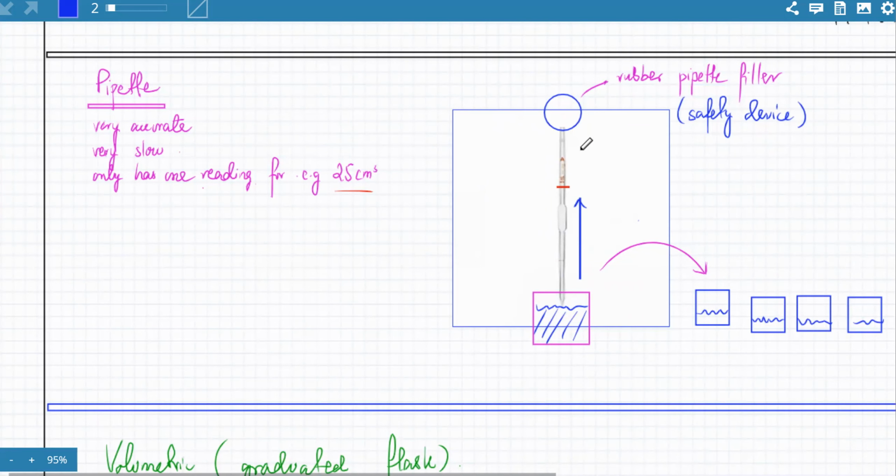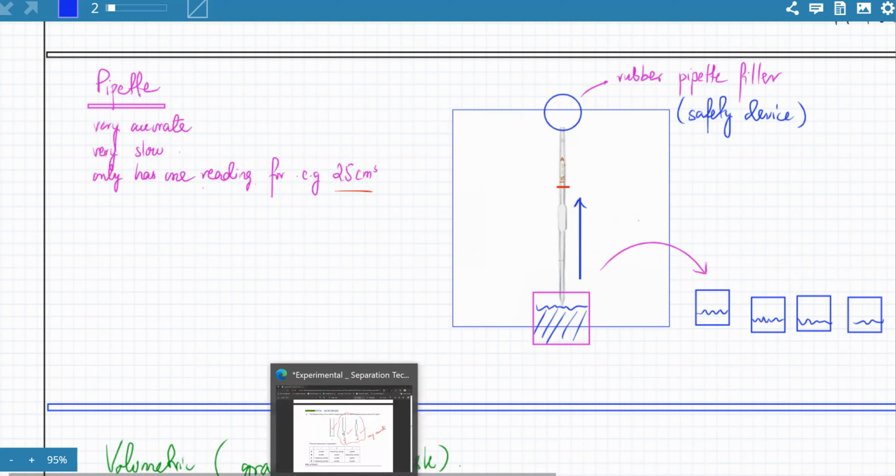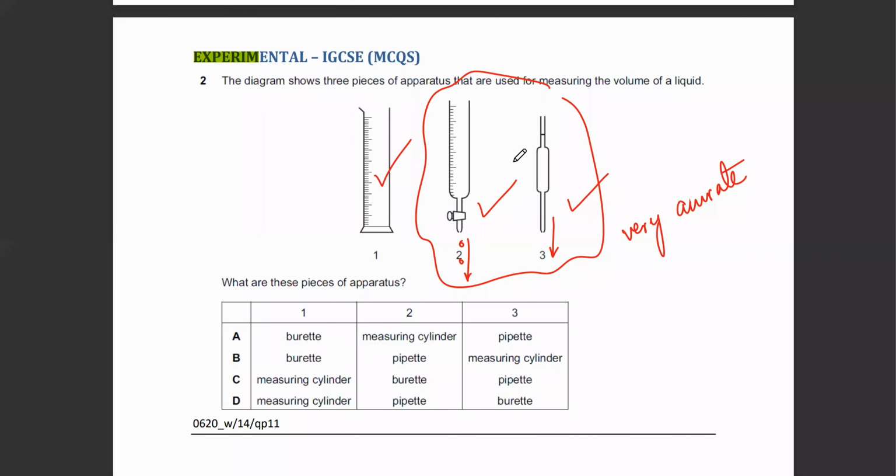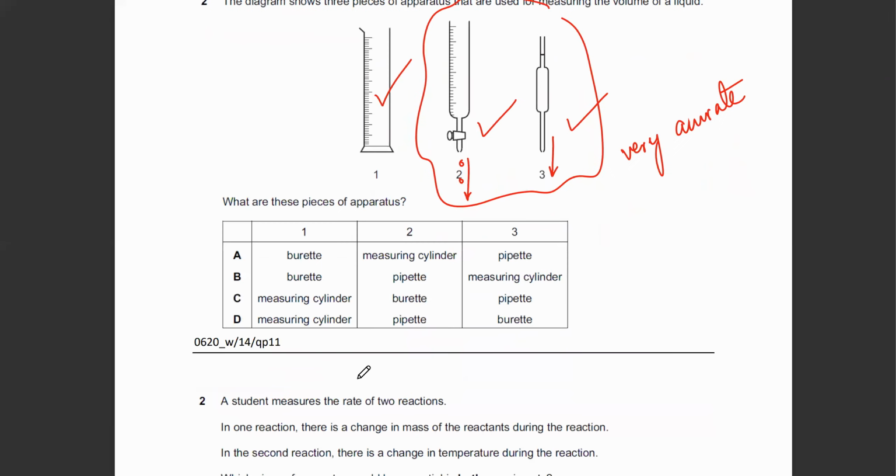Every time it fills up, using a suction device known as a pipette filler, the liquid fills up till that mark, and you then release the liquid into the containers. So it's used for transferring a very specific amount of liquid. But these two are very accurate. So this one is a burette, this one is a pipette. So you can answer this one.